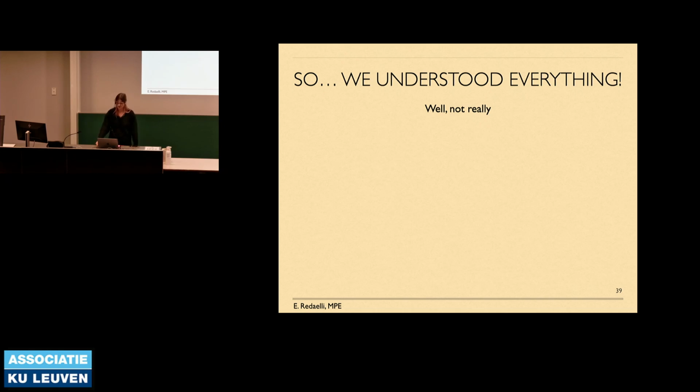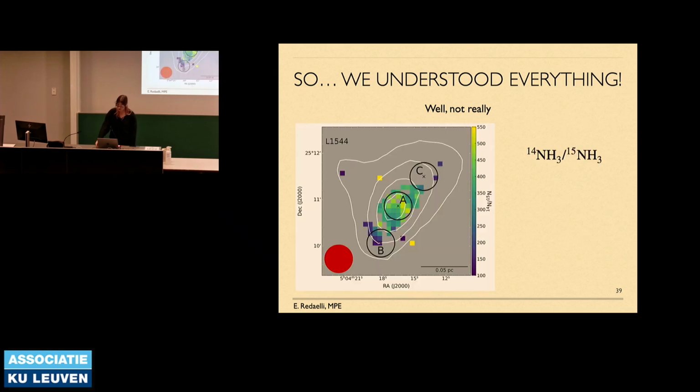Because then I went to the Green Bank Telescope in West Virginia, and I observed ammonia. Ammonia is a different molecule because it's not an ion, it's a neutral species, and it's way more abundant than N2H+, but it's also formed from N2. So in principle it should have a similar fractionation behavior.